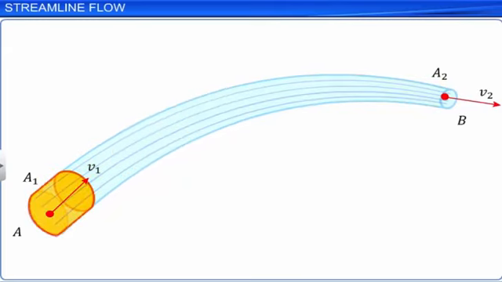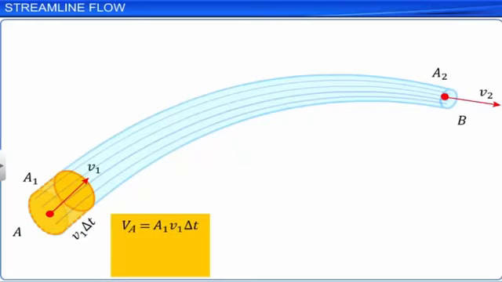To find the volume of the fluid, Va, going into the tube with the velocity V1 through the cross-section A in time delta t, consider a small cylinder of length V1 delta t. The volume of the fluid going into the tube through the cross-section at A is A1 V1 delta t.